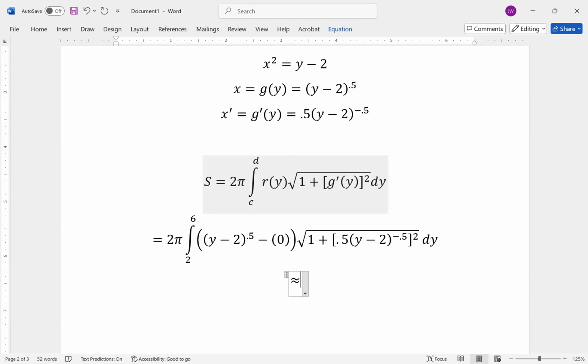And then you hope you plug it in right. There's lots of parentheses to deal with, and there's lots of issues to watch out for. But if you plug it in right, I think you end up with about 36.18.